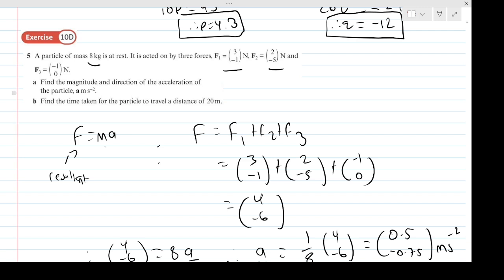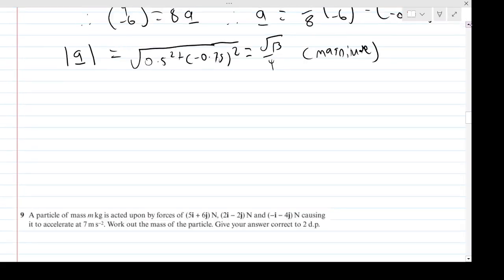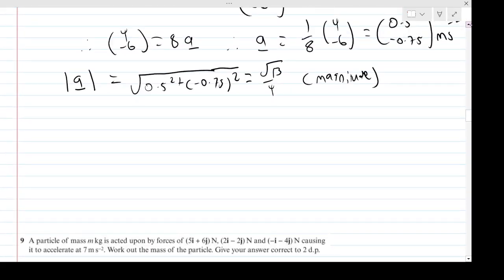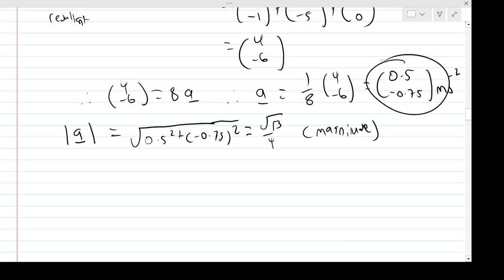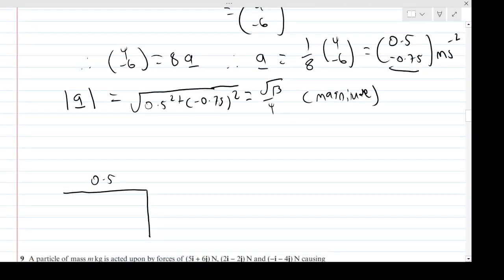Then it wants the direction, so that is to do with the angle. Okay, so if I draw the acceleration vector, if I plot it, so this is my acceleration. So 0.5 across, then it's negative 0.75, so it's going to be 0.75 downwards.